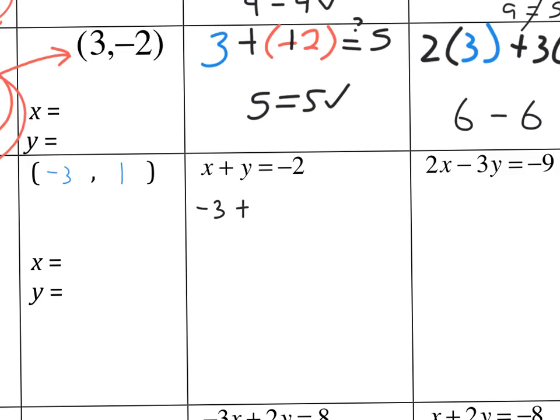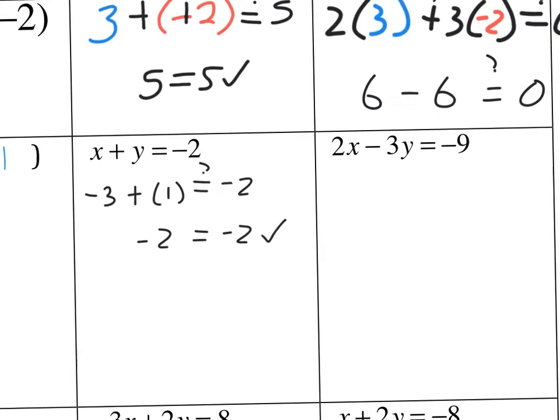-3 plus a 1 is equal to -2. Now, what's my expectation here, by the way? I expect it to work. Why? Because I looked on the graph, and it crossed. So now we're going to finish up here. This does give me a -2 and a -2. Good. So my estimation was right when I looked at the graph and estimated -3, 1.